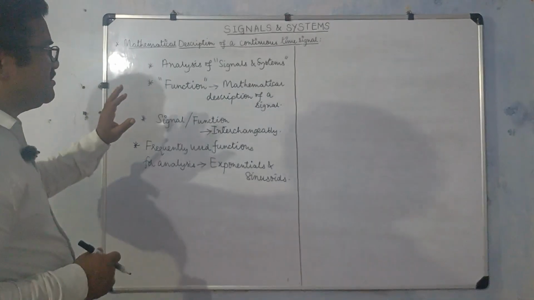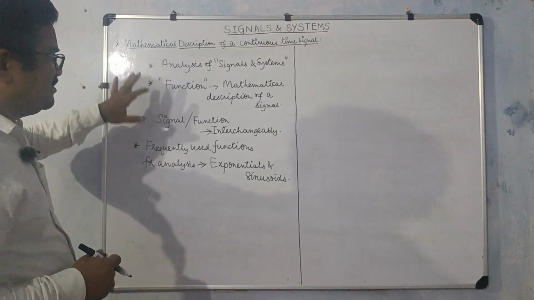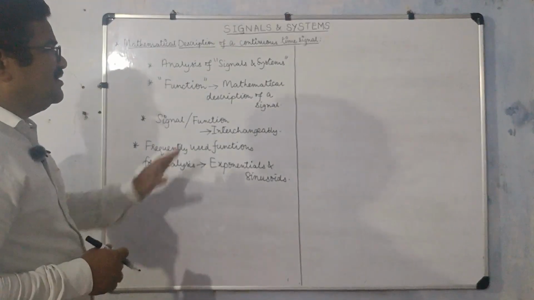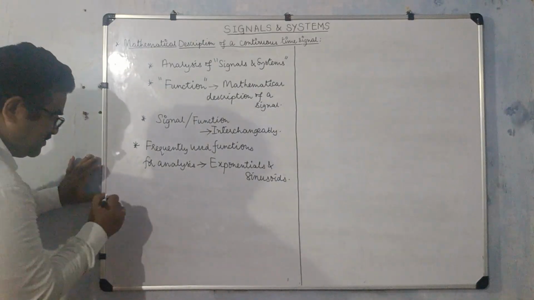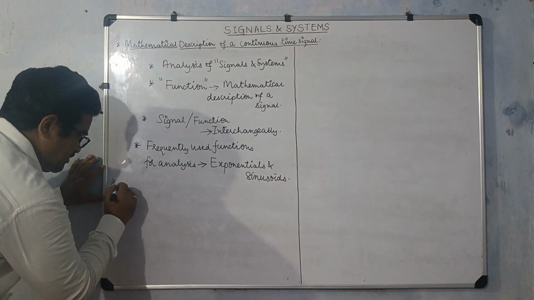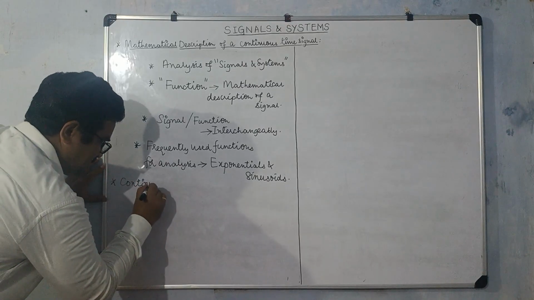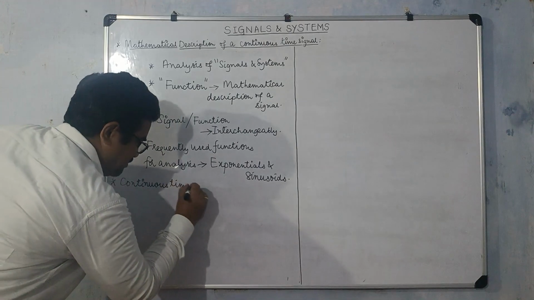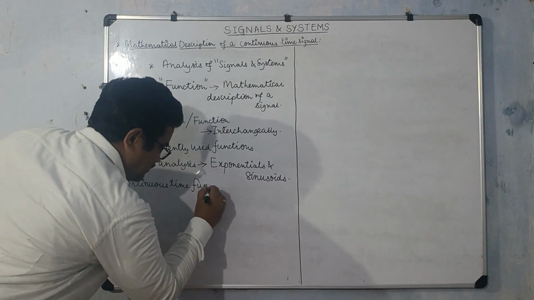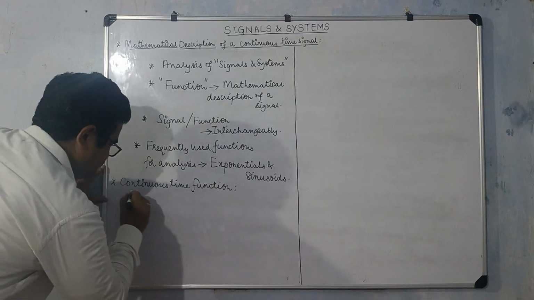Now, since you are representing a continuous time signal as a function, you call this continuous time signal also a continuous time function. So what is a continuous time function?